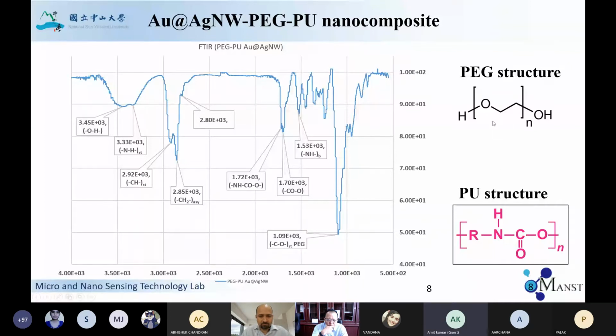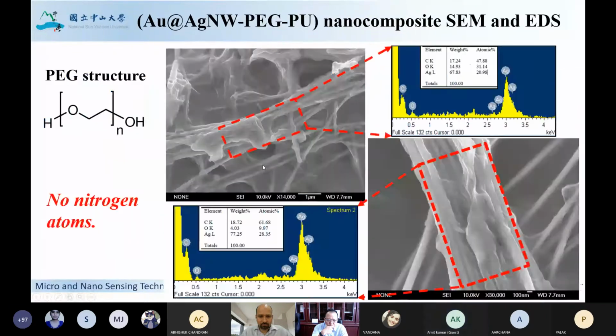PEG has only C, O, H atoms, and PU has C, O, H, and it also has N. So FTIR shows the PEG and PU are cross-linked, as the peak shown at 1.72 × 10^3 shows a carbonyl ester group that shows they are cross-linked.